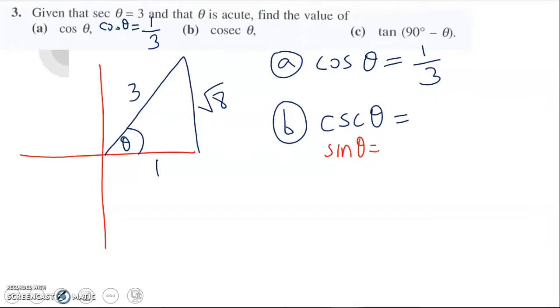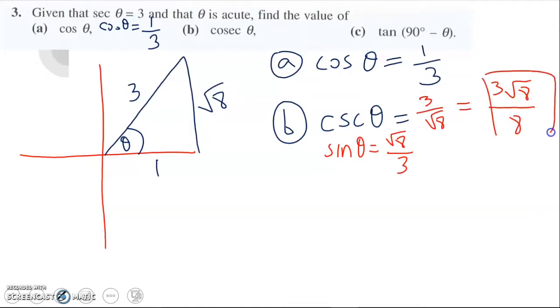Well, that would end up being square root of 8 over 3, which means cosecant would end up being the complete opposite, which is just 3 over square root of 8. Now you're going to have to rationalize here. Okay? Once you rationalize, you should end up with 3 square root of 8 over 8. Okay? So there's A, there's B, and finally C.